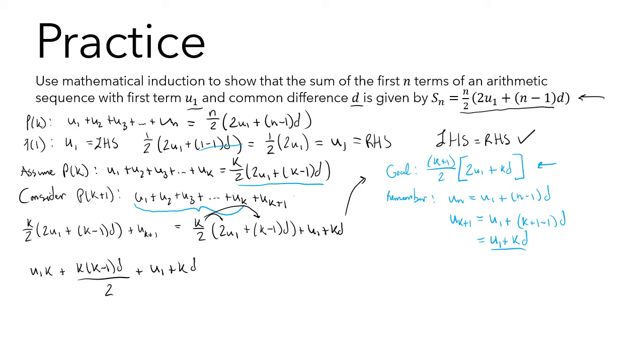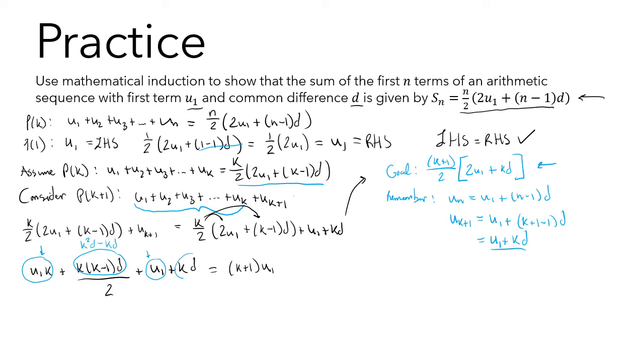Okay, simplifying further, notice that this term and this term are like terms. This one has a coefficient of 1 and this has a coefficient of k. So when we combine those two, it actually becomes k plus 1 times u1. Alright, so I'm off to a good start. Now let's deal with this part. FOILing that out, it equals k squared d minus kd.